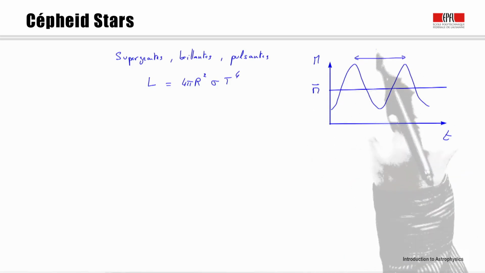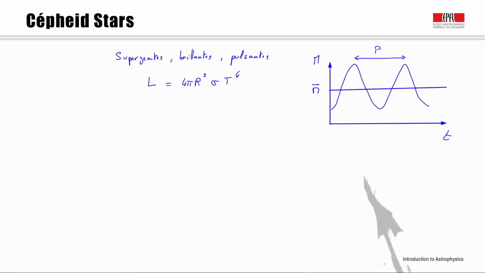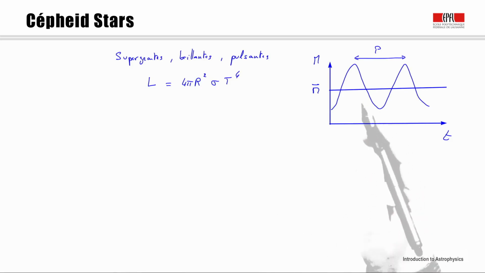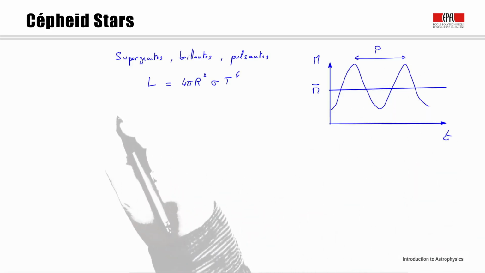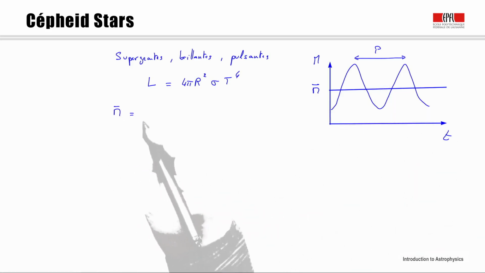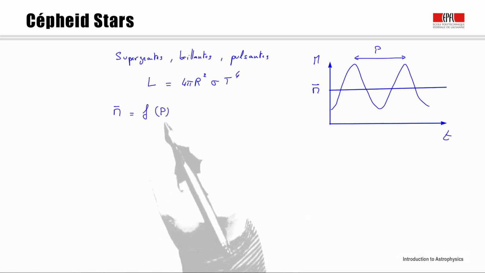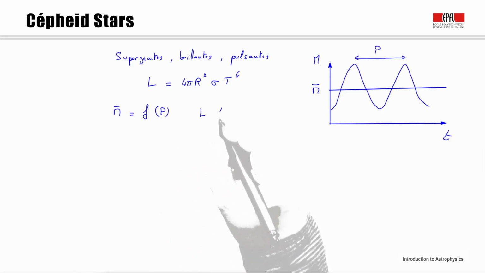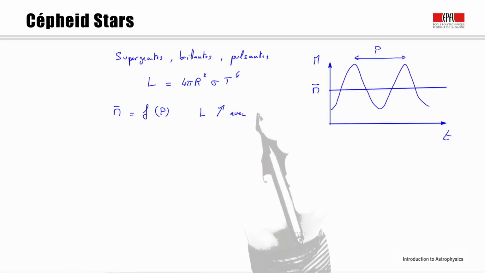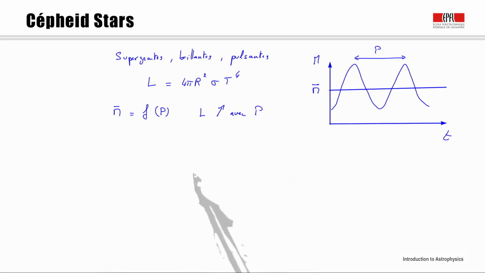We also have a period, and the Cepheid stars will also have a link between their absolute average magnitude and the period. So we have an average M, which is equal to a function of the period. Also, the luminosity grows with P. So M decreases with P because it's in magnitude.